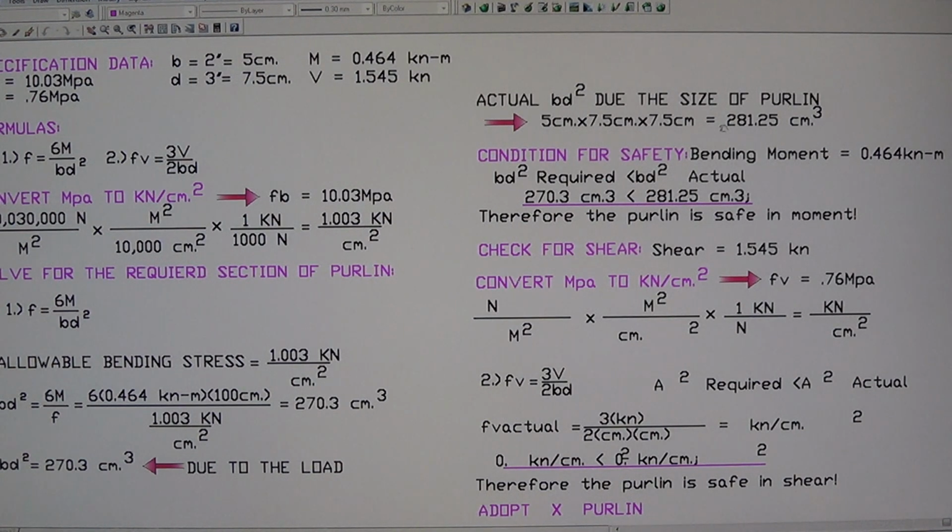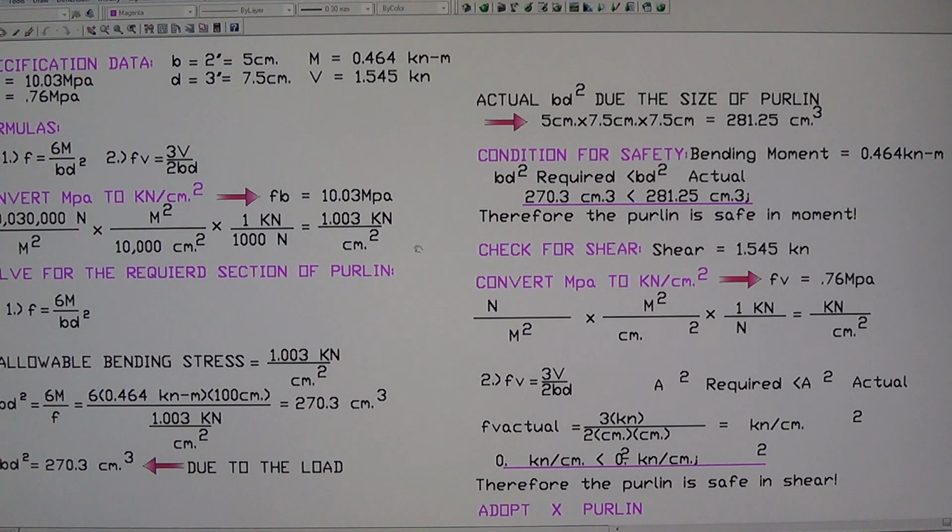It is larger than the required. So therefore, the purlin is safe, and it follows that condition of safety. The purlin is safe in moment. Okay, that's safe for the moment, for now.